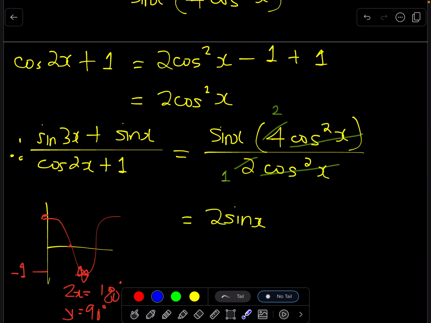5.4, the answer is indeed 2 sine x. Let's see if there are some interesting approaches in here.